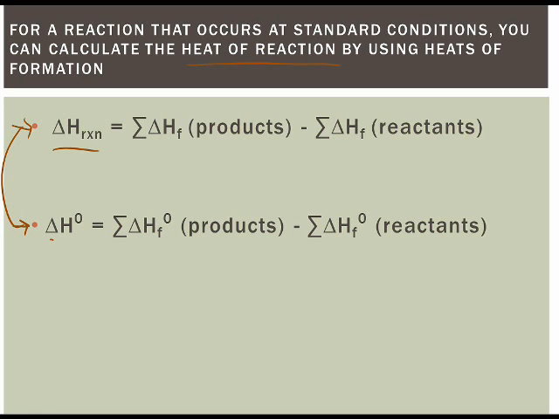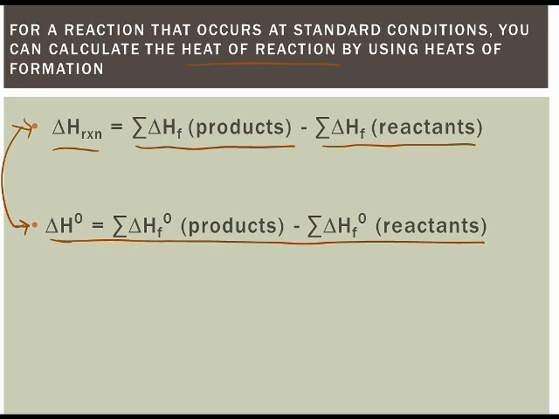Basically, they're saying the heat of reaction is equal to the sum of the heats of formation of the products minus the sum of the heats of formation of the reactants. And again, this one says the same thing. So basically, we can sum up the heats of formation of the products, and then sum up the heats of formation of the reactants, and then subtract that.